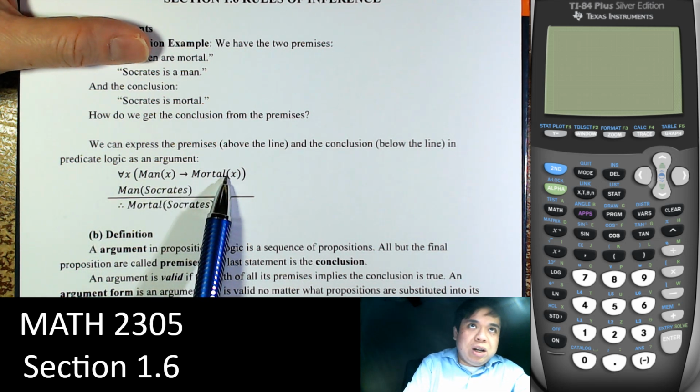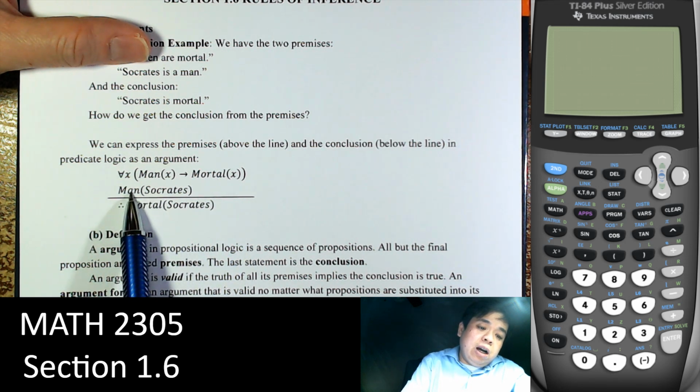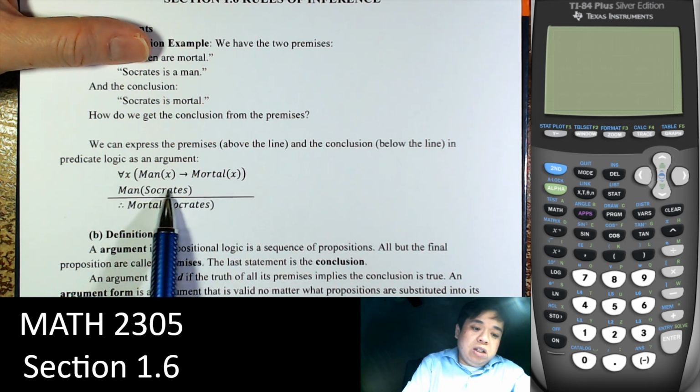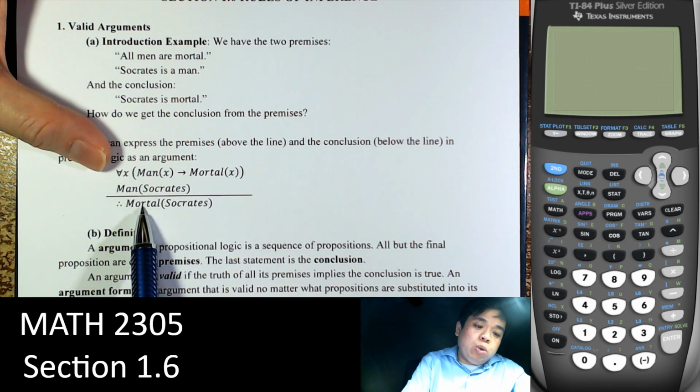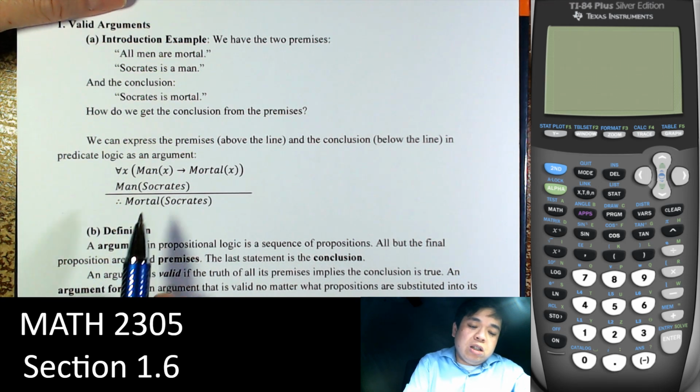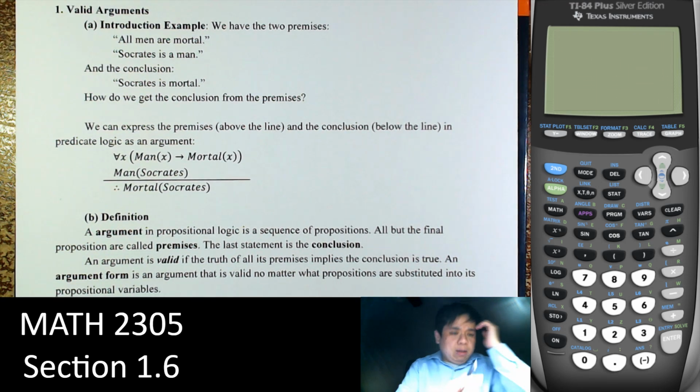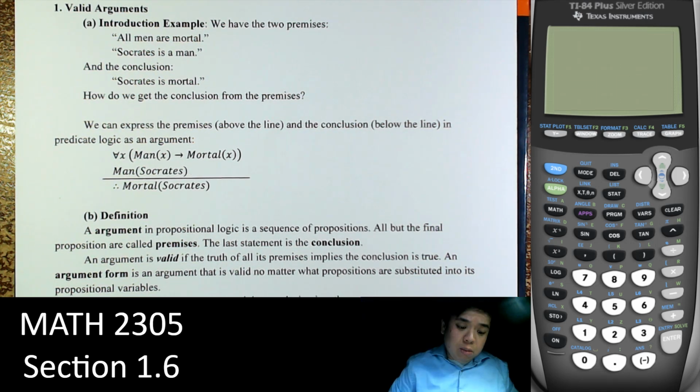So that's pretty much what he said. And then Socrates is a man. So this is true when we substitute Socrates in it, and it turned out to be true. And when both of them are true, then Socrates is mortal. Now, of course, we will focus on that a little bit later, more specifically.